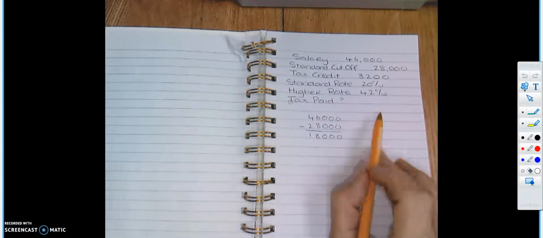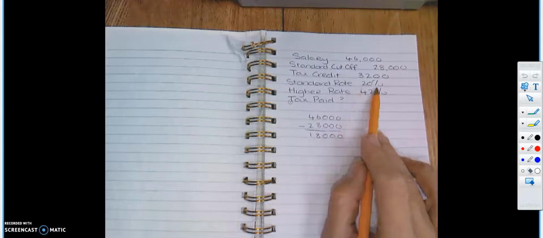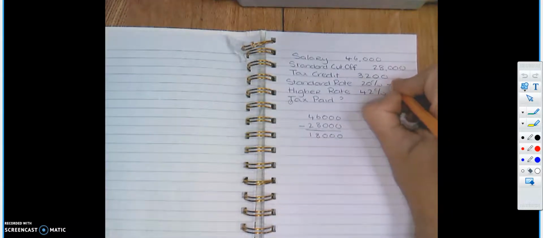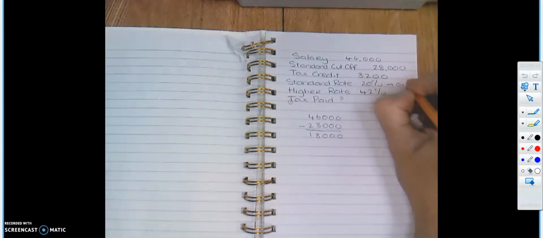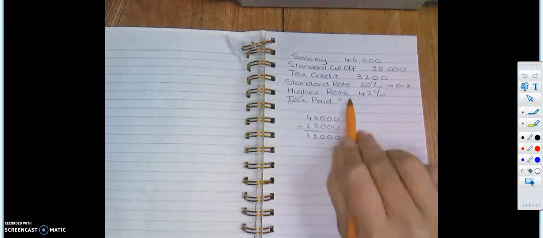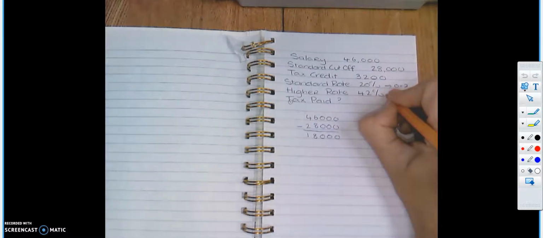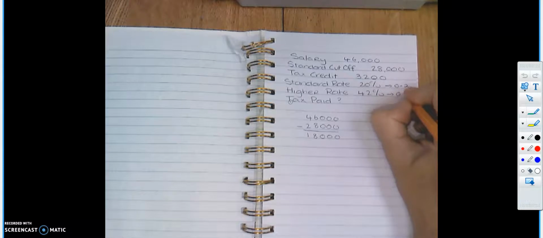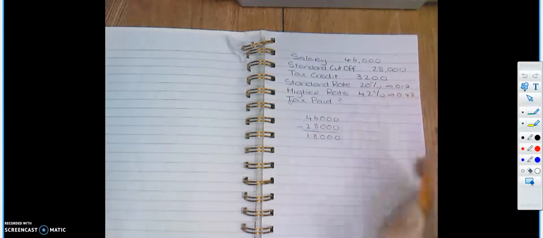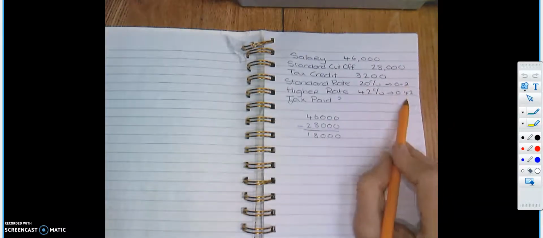Right, now we have to work out the tax. So our standard rate is 20%, as a decimal that means 0.2. And our high rate is 42%, so as a decimal, it's 0.42. So again, divide these by 100 to get the decimal.